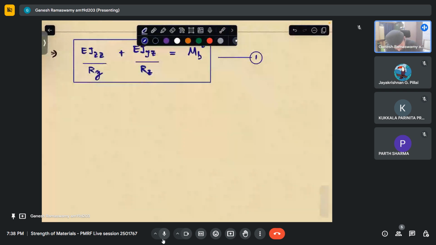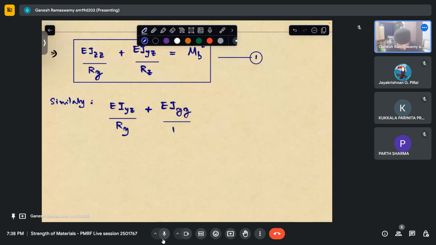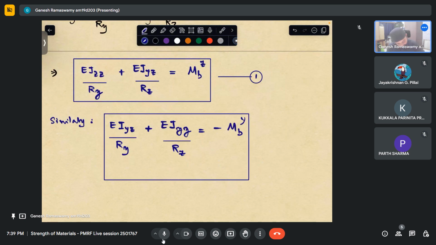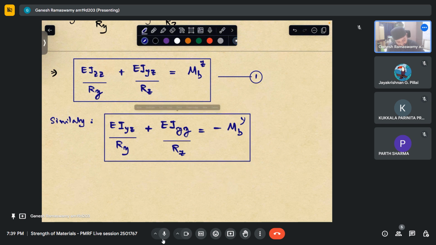Similarly, EIyz by ry plus EIyy by rz will come out to be minus mby. So this will be coming from the other expression, the balance of moments about the other direction.